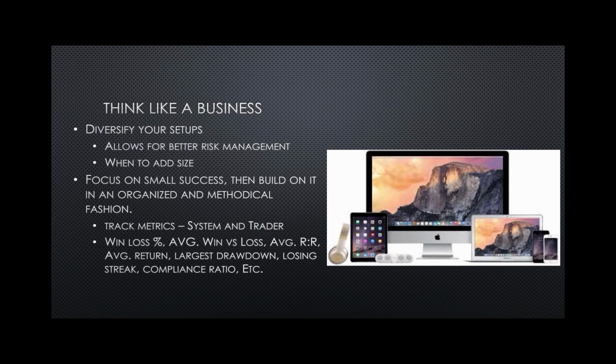Let's say, for instance, you have a system that gives you, let's say, 4 signals a week, but the signals happen at 4 in the morning. Every time the signal occurs, it's usually profitable and it usually makes money. But because it happens at 4 in the morning, you're only able to take 1 out of 4 of those signals.